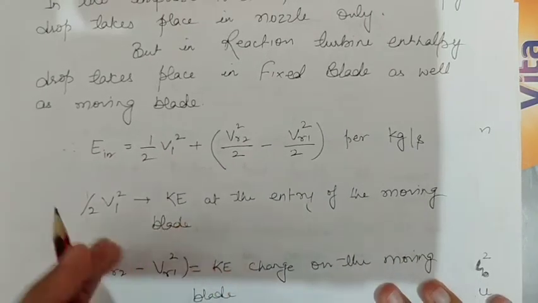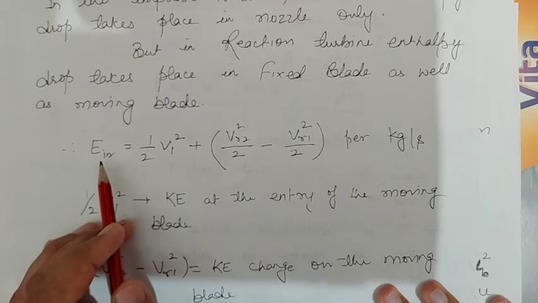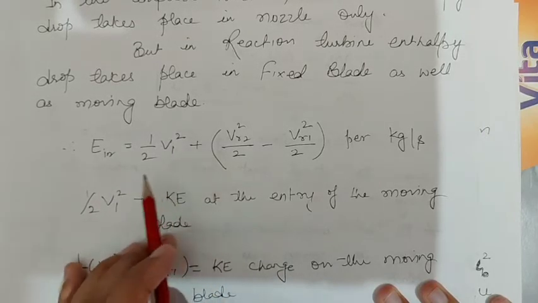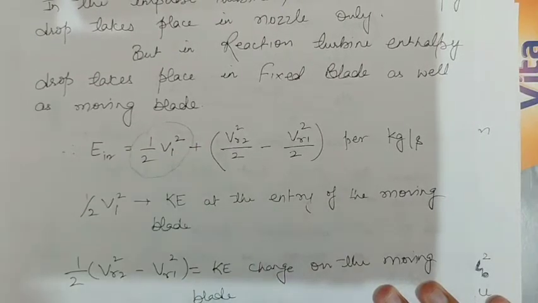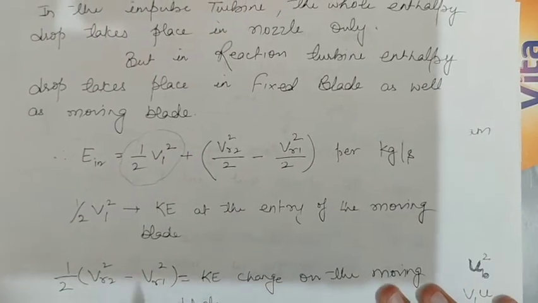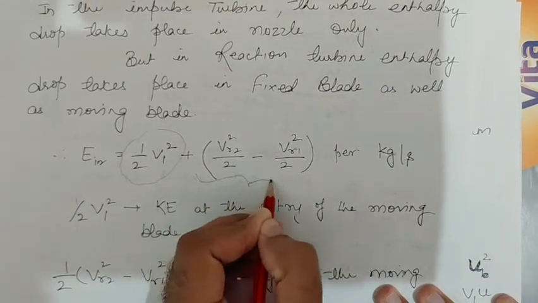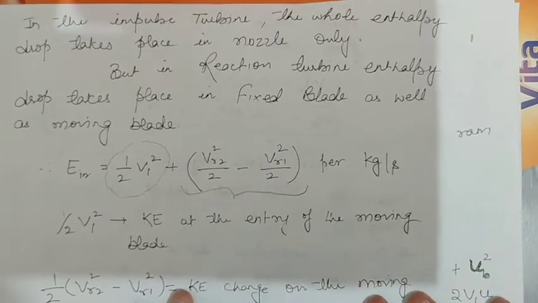So let us consider that E in, the energy input, is equal to V1 square by 2, the amount of kinetic energy entering the moving blade, plus VR2 square by 2 minus VR1 square by 2 per kg of steam.